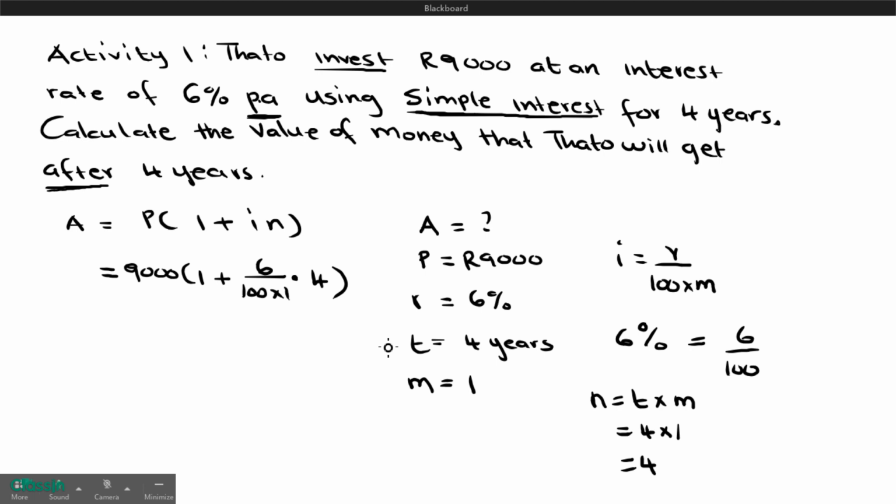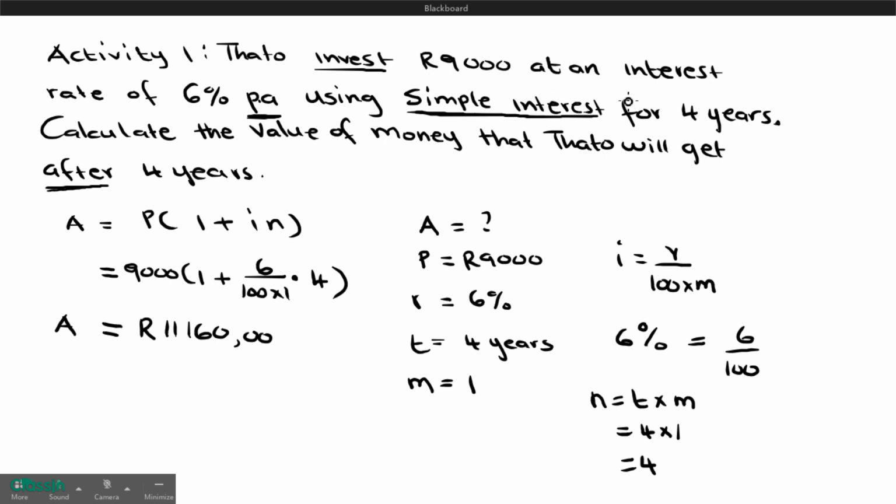When we press the equal sign, it says that the value of A is 11,160.